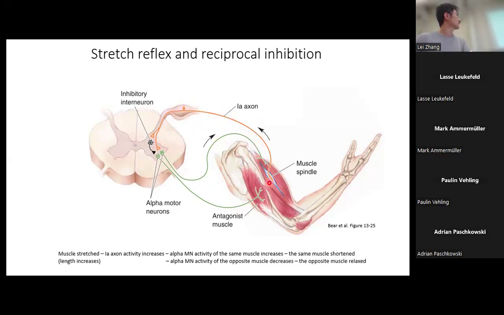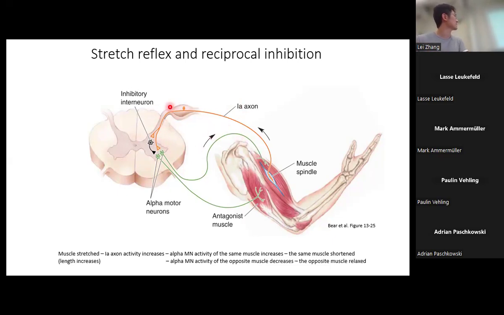If your muscle is stretched, the feedback increases, and going back to this muscle, it will increase the alpha motor neuron activation to make your muscle shorter. That is a stretch reflex, which always resists muscle length change. So this is a kind of negative feedback loop.